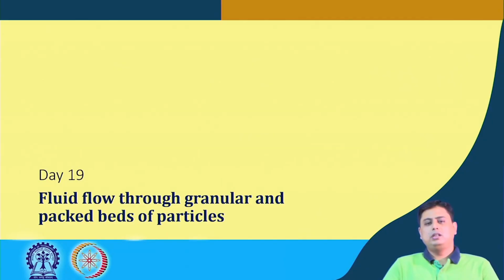In case of turbulent flows, when there is turbulence in the flow, what would be the nature of the relationship between the del P or the pressure gradient across the bed versus the superficial velocity or the flow rate. In one of the problems, we discussed the effect of the gas phase density or fluid density and fluid viscosity on this pressure drop or pressure gradient. That was the problem when we dealt with the gas phase through the bed.